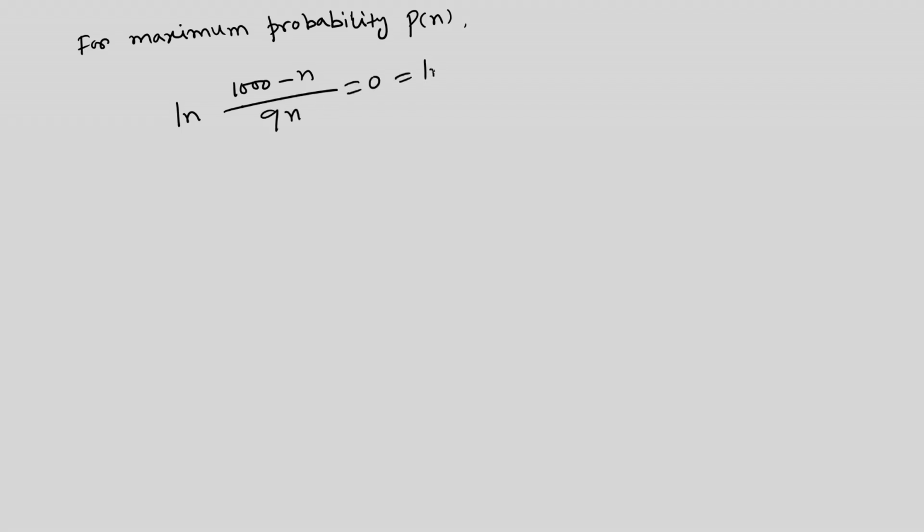So, for maximum probability Pn, ln (1000 minus n) by 9n equals to 0 equals to ln 1. So, we get (1000 minus n) by 9n equals to 1, n equals to 100.